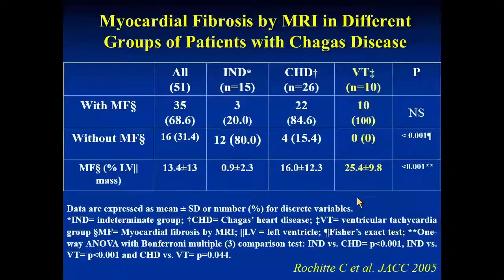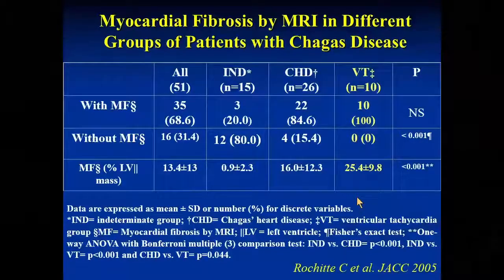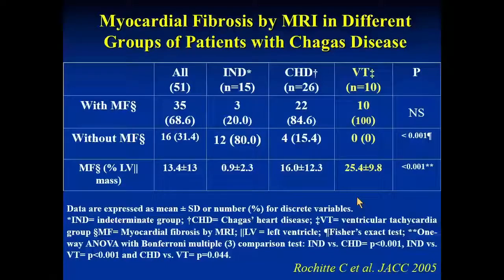This cardiomyopathy follows the pattern that we see in other cardiomyopathies. If you see a lot of fibrosis, the chances of sudden death and heart failure increase significantly with Chagas heart disease.